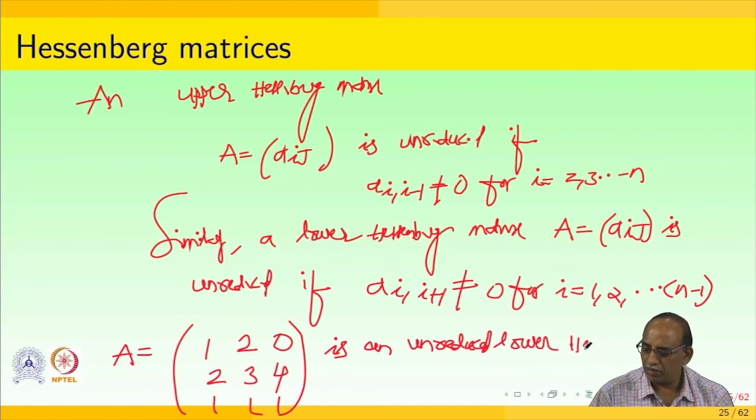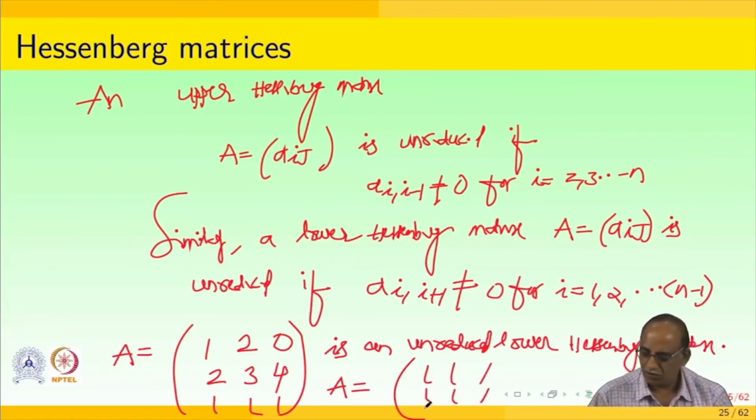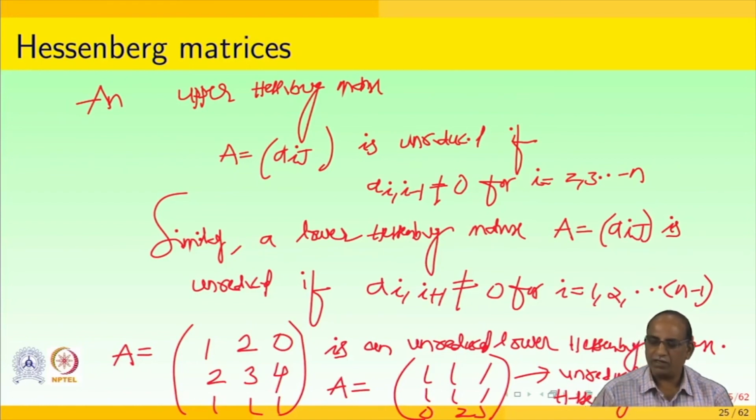And similarly, if you write A equal to this matrix 1, 1, 1, 1, 1, 1, 0, 2, 3, this is an unreduced upper Heisenberg matrix.